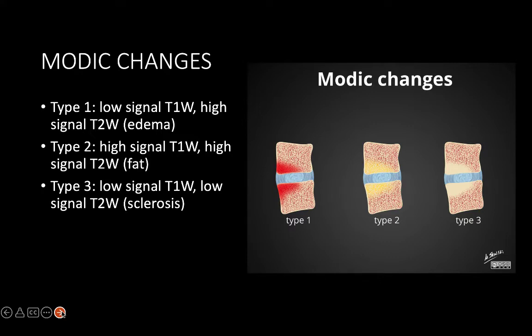Now, I just wanted to quickly touch on Modic changes because these are osteoarthritic changes that occur at discovertebral articulations, some of which we can only see on MRI. Now, what you're most familiar with is the type 3 Modic change, which is subchondral sclerosis.